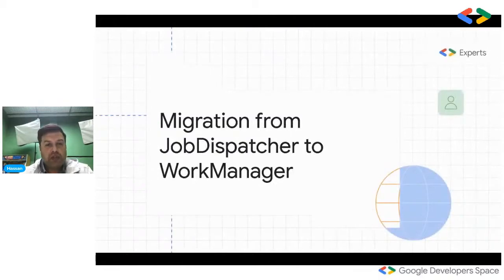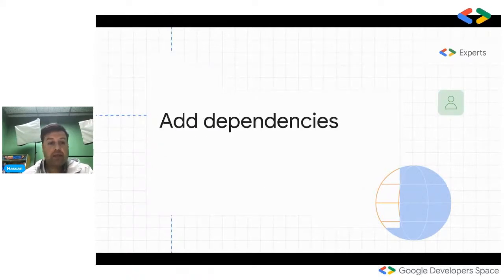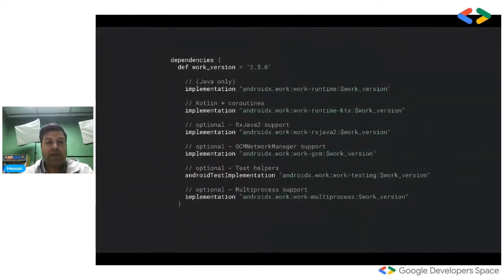So how are we going to do this? Today I'm going to show you how to migrate from Job Dispatcher to WorkManager. At the same time, this will also give you an overview of how you can use WorkManager in your apps. First of all, we need to add dependencies. As of now, the most stable version of WorkManager is 2.5.0, but 2.6.0 alpha is also out, which has some newer features.